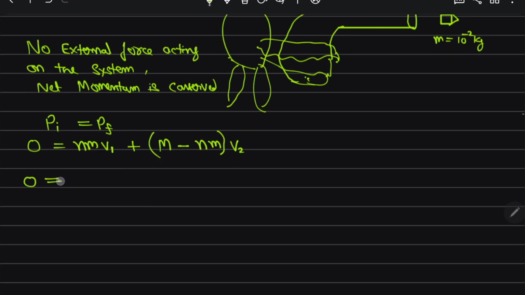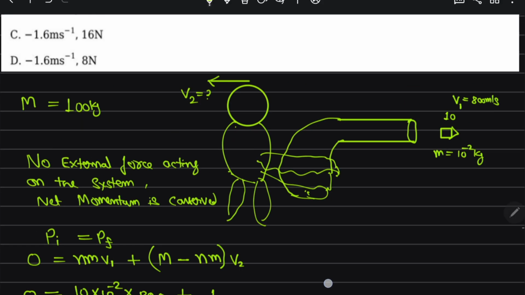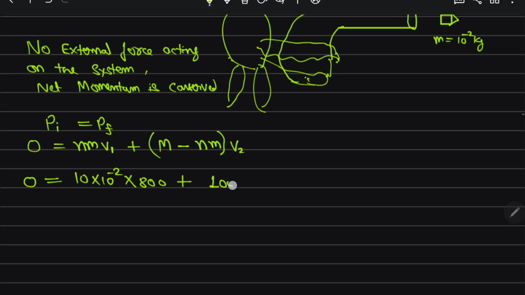Here you see that 10 bullets, their mass is 10 to power minus 2 and their speed is 800. That is, 10 into 10 to power minus 2 into 800 plus the mass of the person and rifle, 100 kg minus 0.1, into V2, which we have to find.